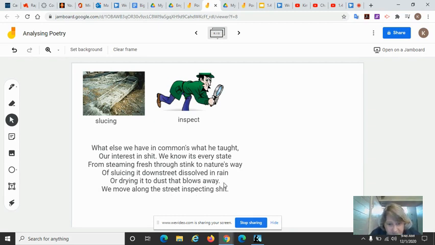All right, so let's start off with the first line here. And let's try and paraphrase this. Okay, what else we have in common's what he taught, our interest in shit.